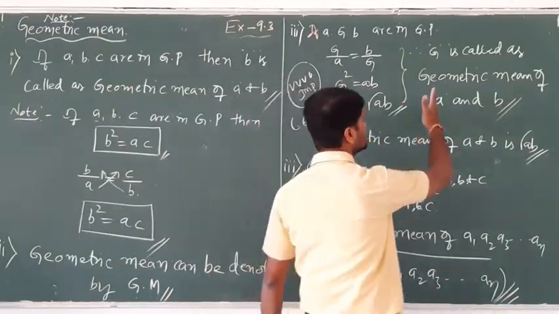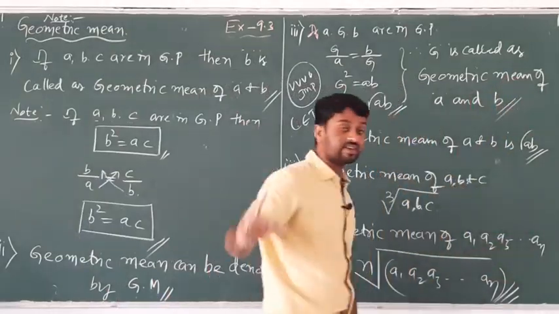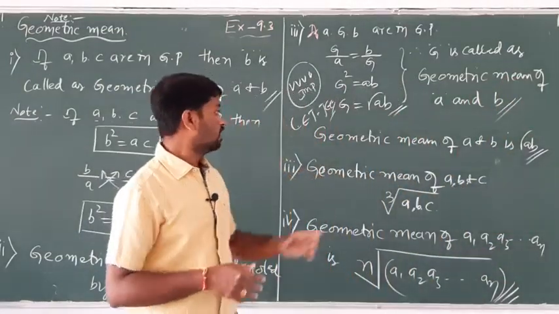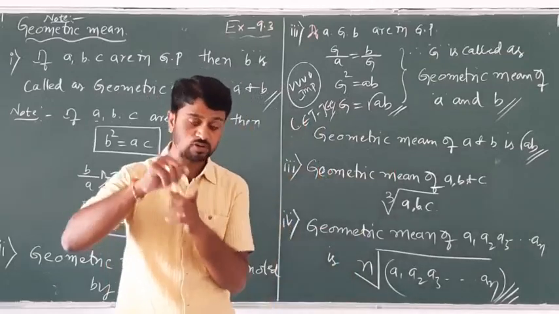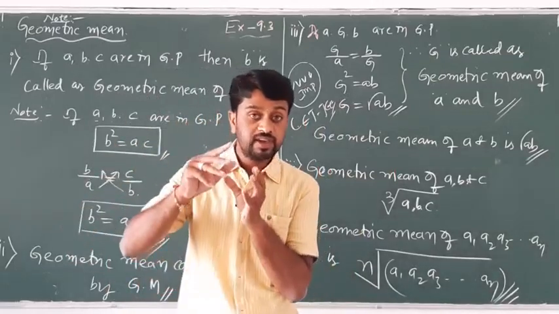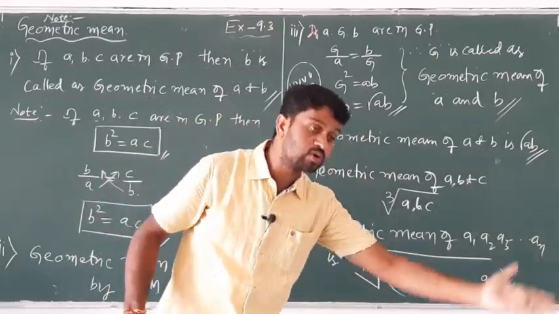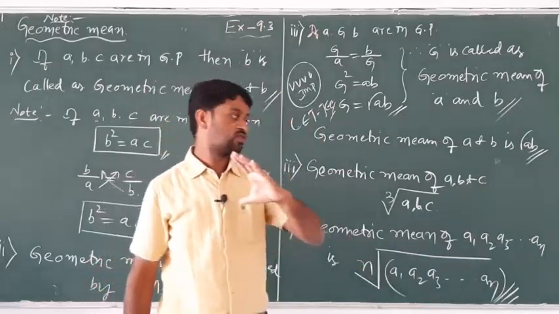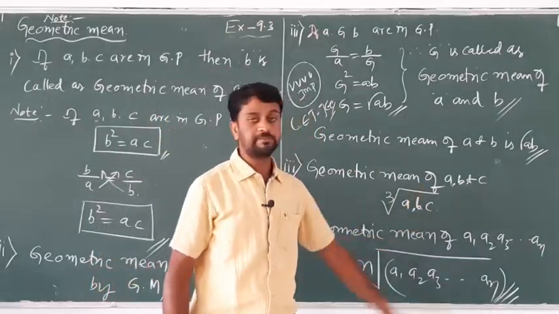Therefore G is called the geometric mean of A and B. The geometric mean of A and B is root over AB. The geometric mean of A, B and C is cube root over ABC.